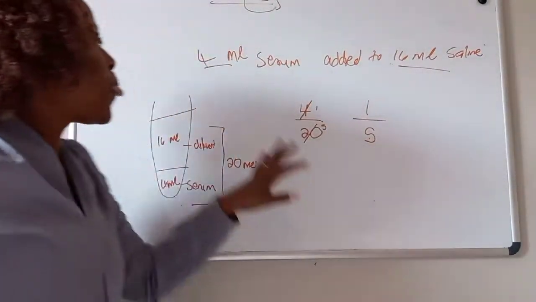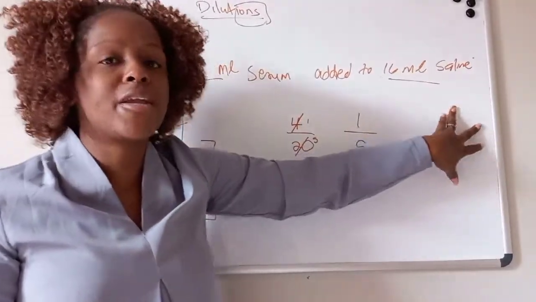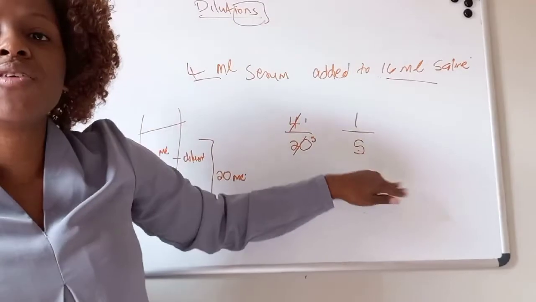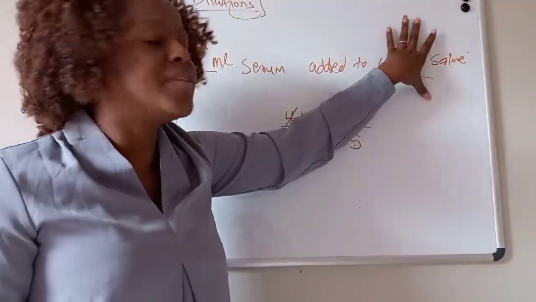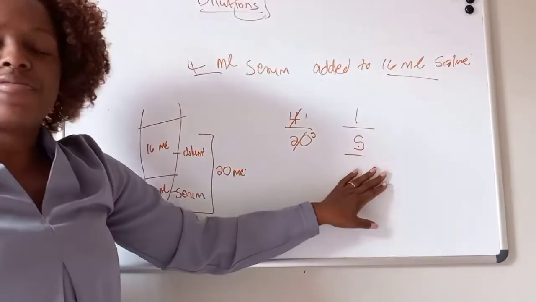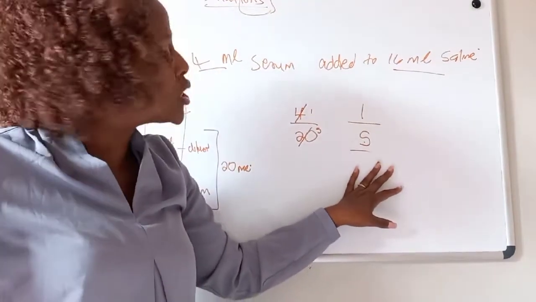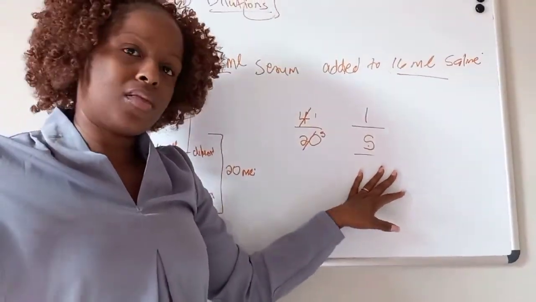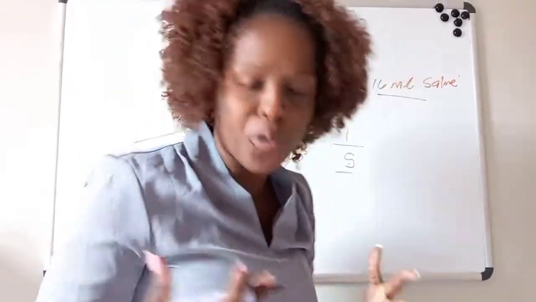So when you are adding 4 ml of serum into 16 ml of saline, you are making a 1 in 5 dilution. And whatever result you get from this solution, you're going to multiply it by 5 so that we can report the concentration that is in the patient's body.